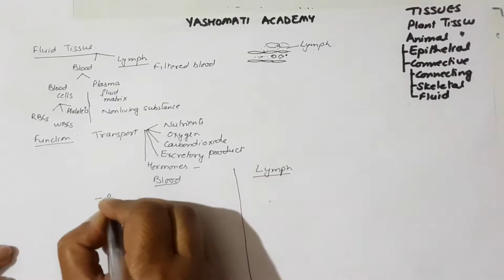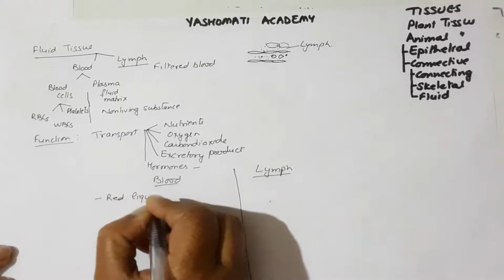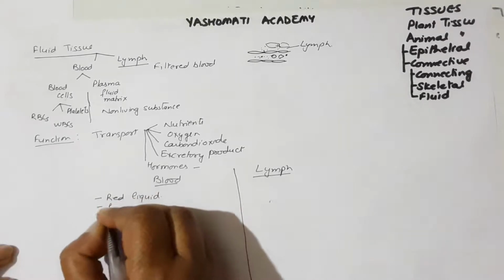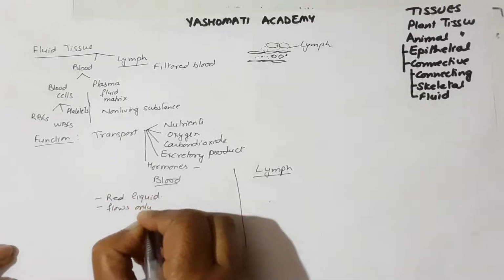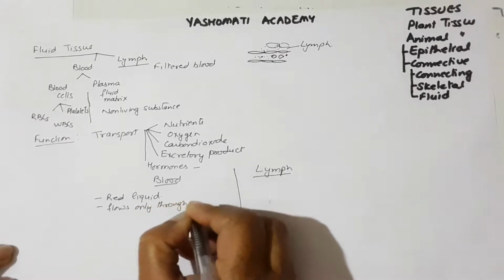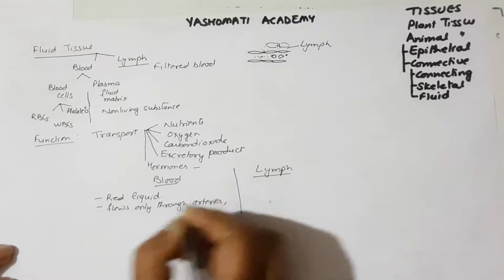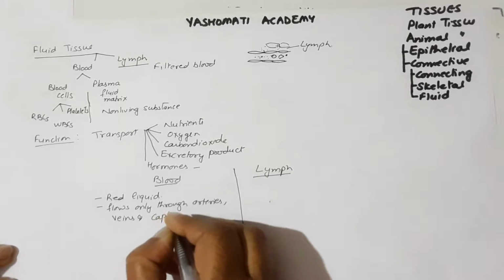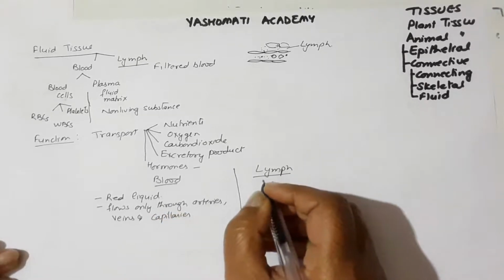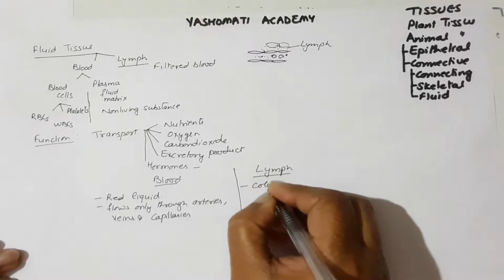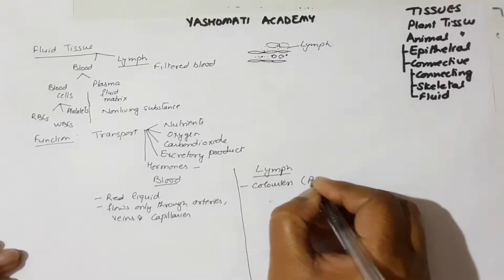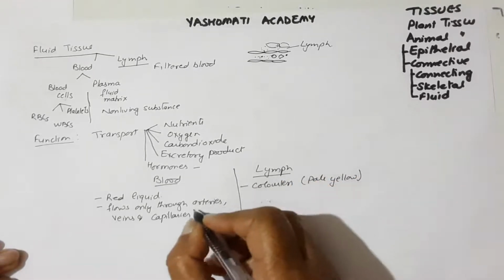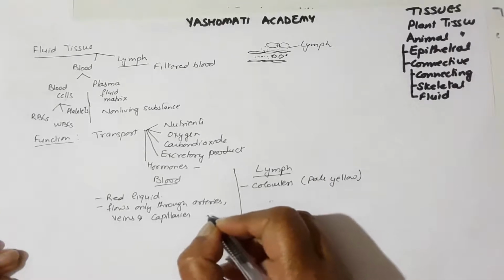We know blood is a red liquid, and this red liquid flows only through arteries, veins and capillaries, whereas lymph is colorless or pale yellow in color, and it doesn't flow through the arteries, veins or capillaries.